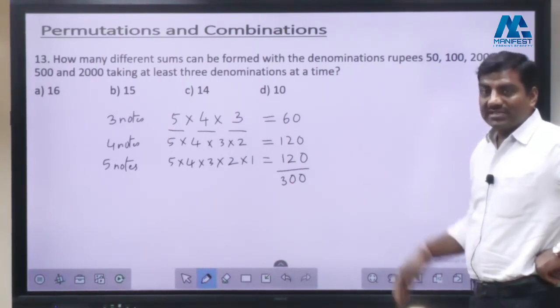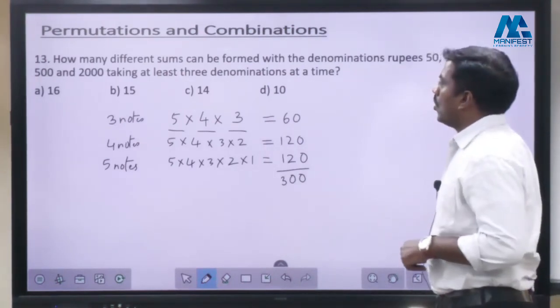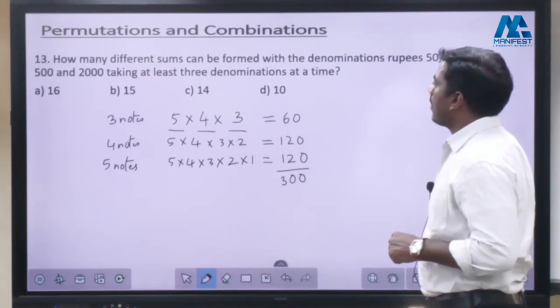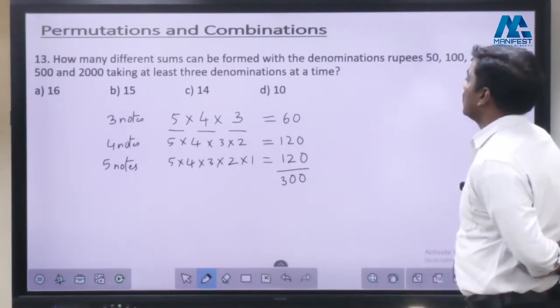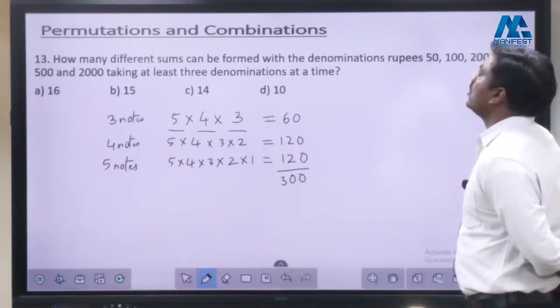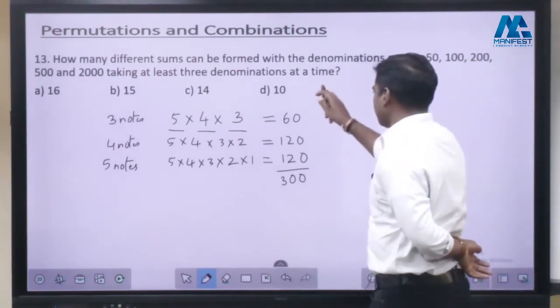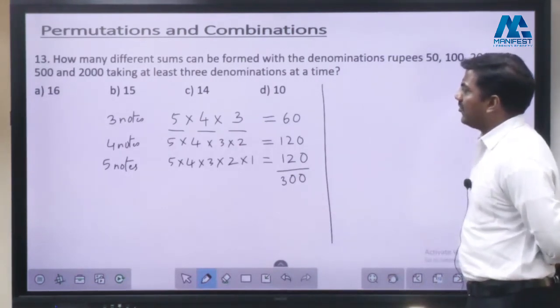Or am I over reading something, under reading something? 4, 3. Okay, we'll check that one. Combinations we'll check. Why am I taking the arrangement, how many different sums can be formed?